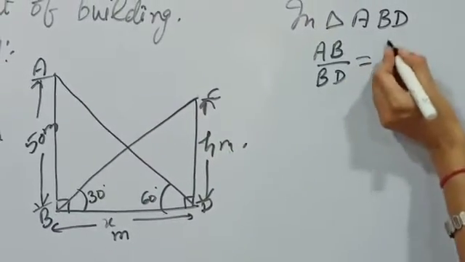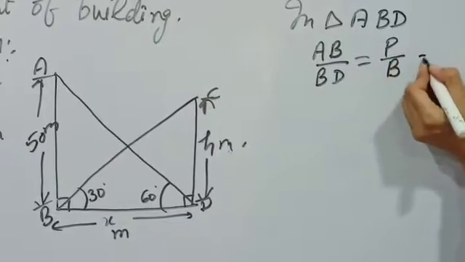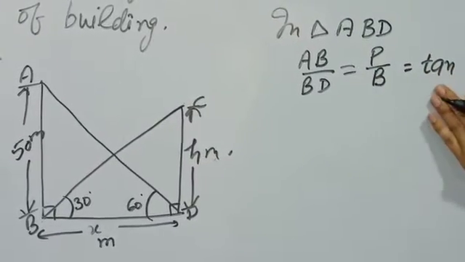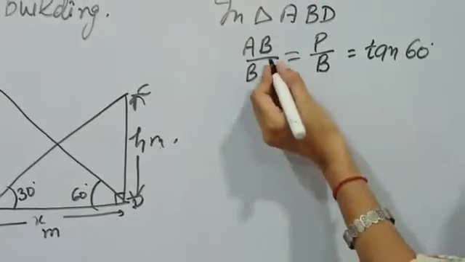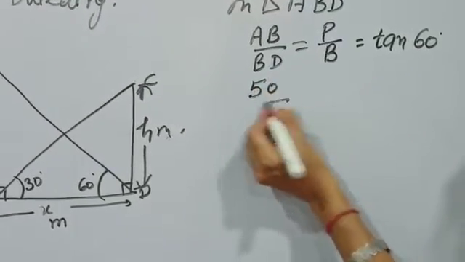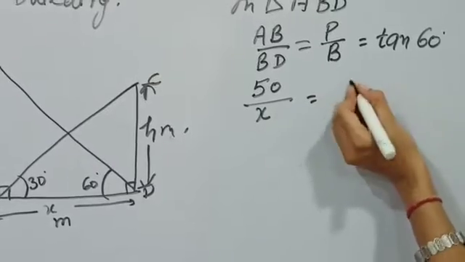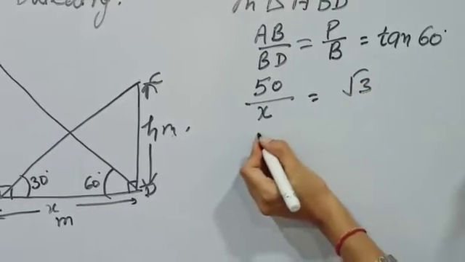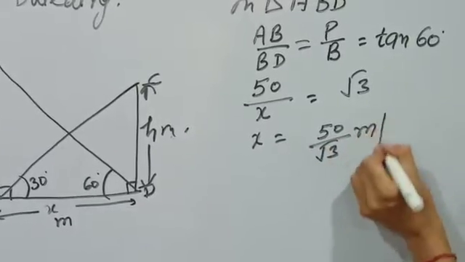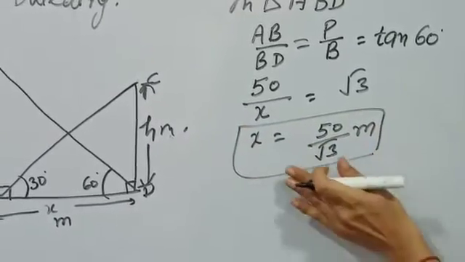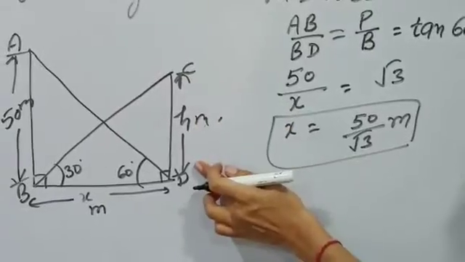So we take the ratio perpendicular upon base, which equals tan 60 degrees. We can write AB, which is 50, upon x is equal to root 3. So x is equal to 50 upon root 3 meters. Now we will use this value to find the h value also.